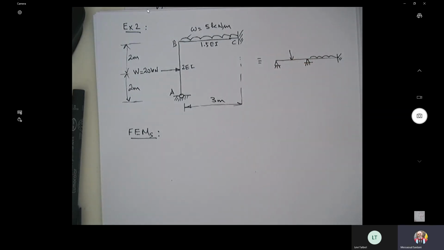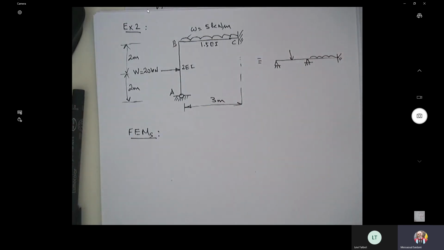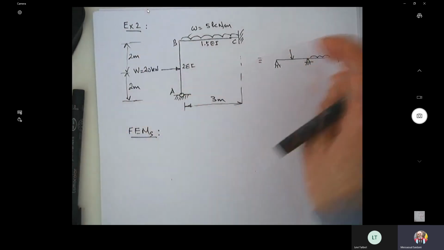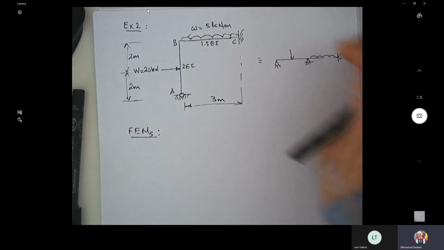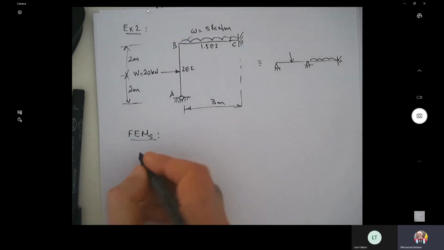You can think of it as if you had something like this. Obviously, it's a frame, so it's different, but what I'm saying is that this is like an equivalent arrangement. So first of all, let's do number 80.